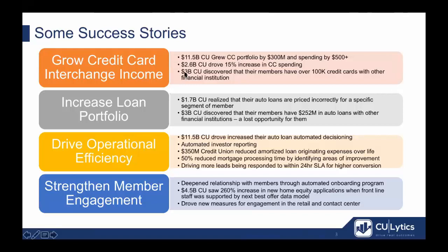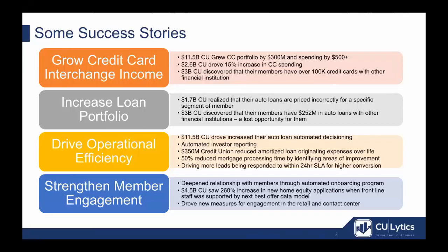Another credit union, this time a 3 billion credit union, discovered, looking at the data they always had with them, that their members were using their bill payment services to pay other financial institutions.